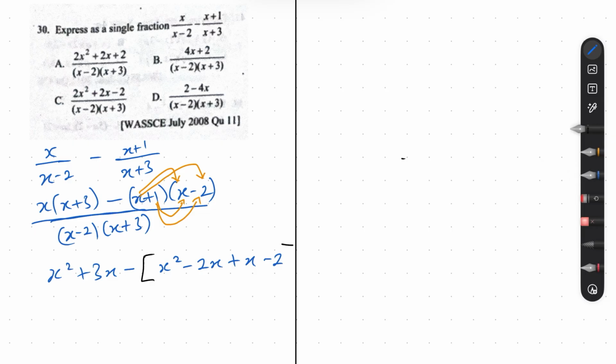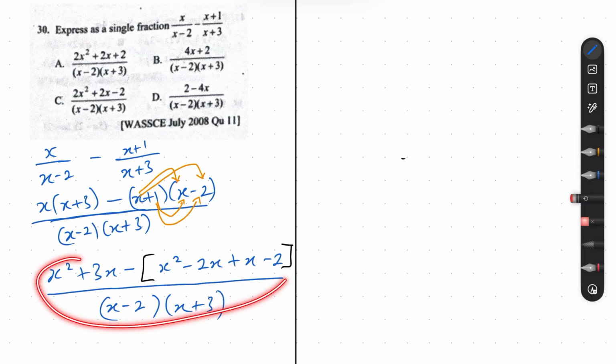Let's close the bracket, all over our denominators, x minus 2, x plus 3. Now this expression, we just need to expand this bracket and then simplify. So on the right hand side we have x squared plus 3x. Now be careful of this negative, because it will affect everything when you expand.